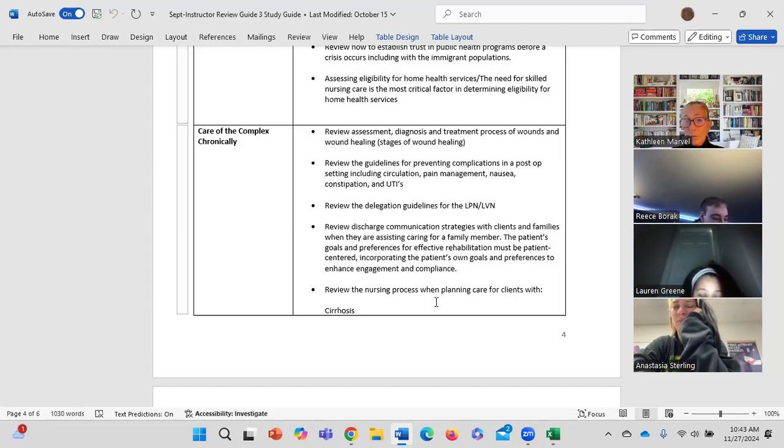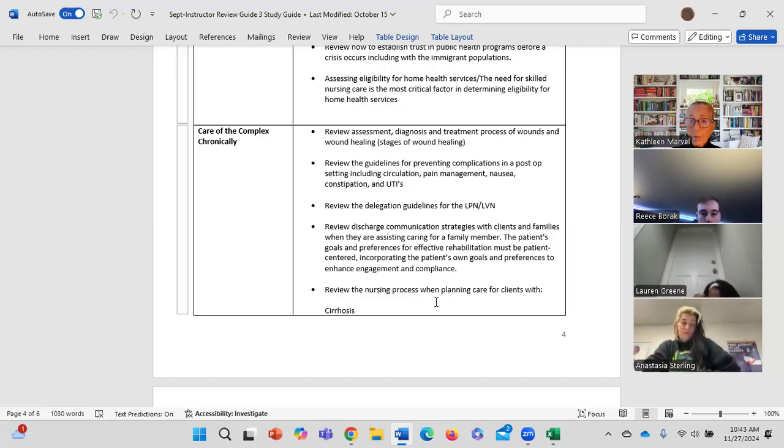We need to make it collaborative with the client. What are the client's goals? What are their objectives? What are their preferences? What are their desired outcomes? They have to be part of that plan.